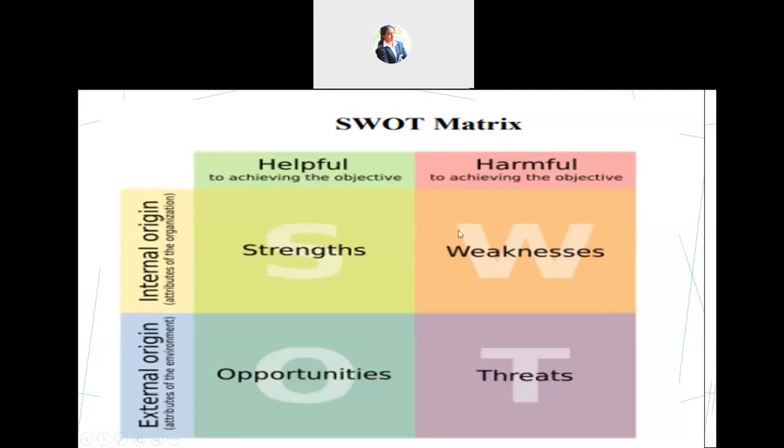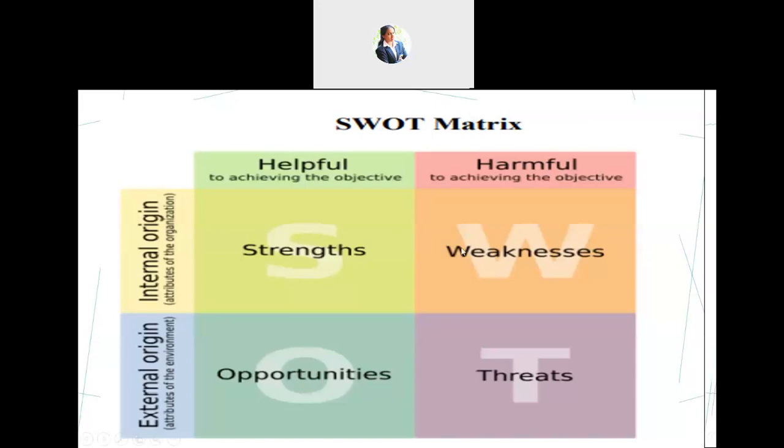Now, this is how the SWOT matrix can be represented. The four components: strengths, weaknesses, opportunities, and threats. Speaking about strength, it is of internal origin because it is an attribute of the organization and it is helpful to achieve the objective of an organization in an easy manner.